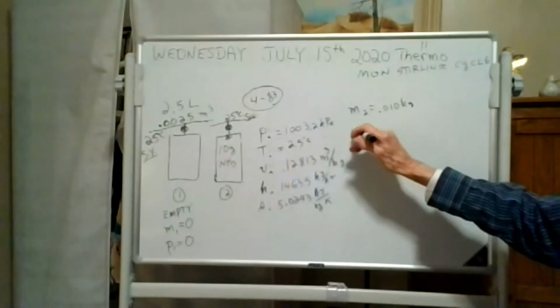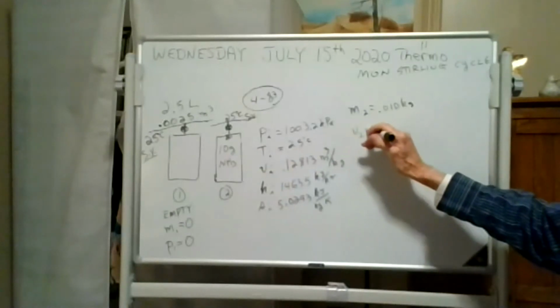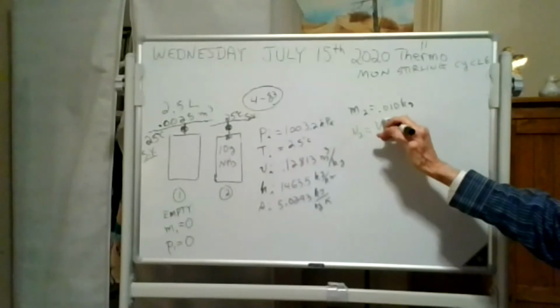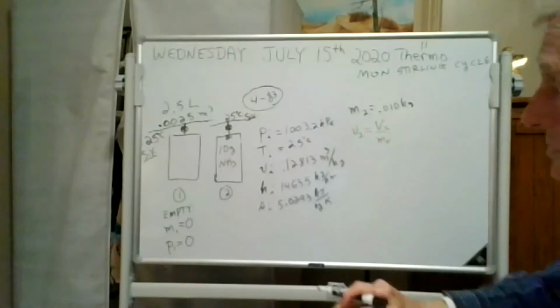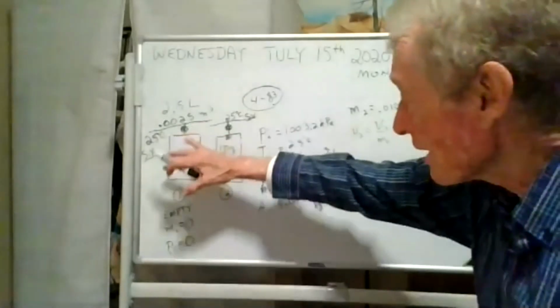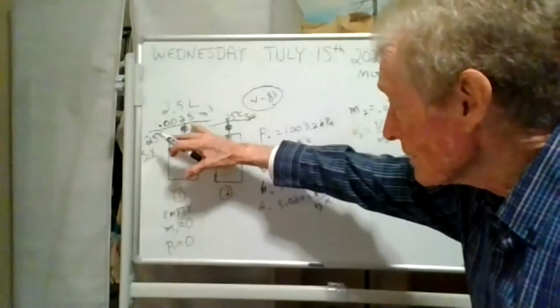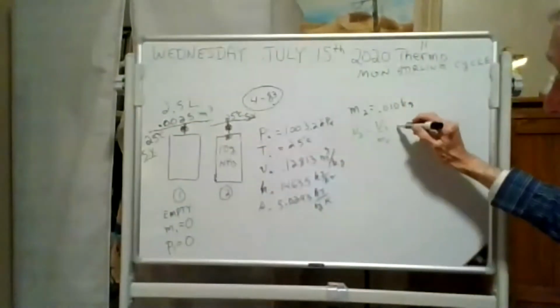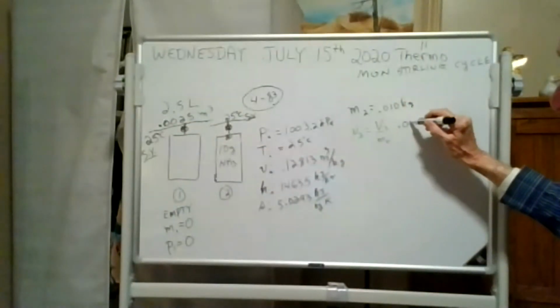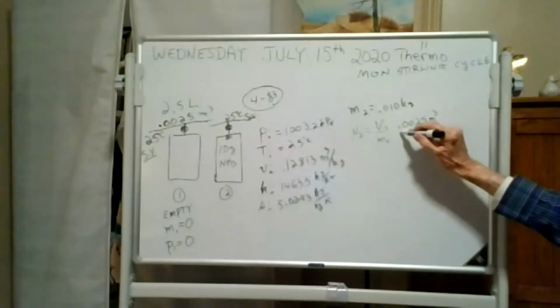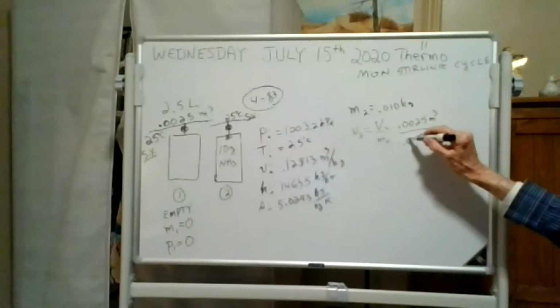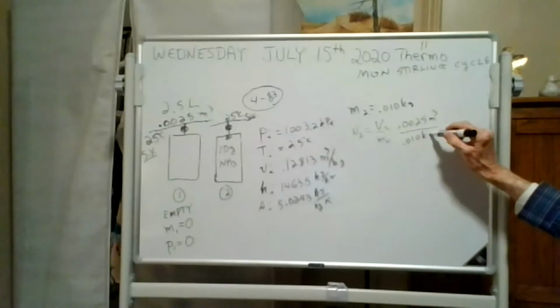Now to get the specific volume, you take the volume and divide by the mass. They gave you the volume, 0.0025 cubic meters, and the mass is 0.010 kilograms.